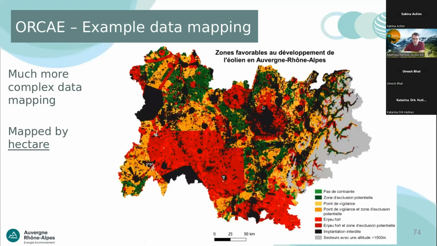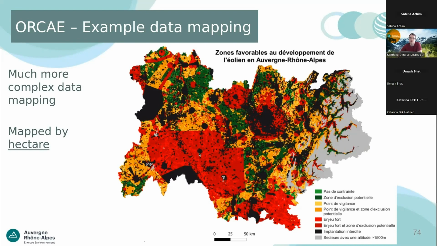And the final map I wanted to show you is a very different kind of map. It's a map about the wind potential areas. So you have different colors from green to black. And these colors define whether you have constraints applying to the territories or not. So like black is not, it's not possible to develop a wind projects, and green is no constraint.